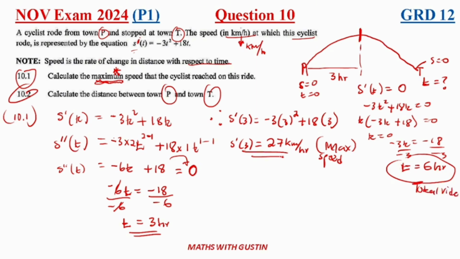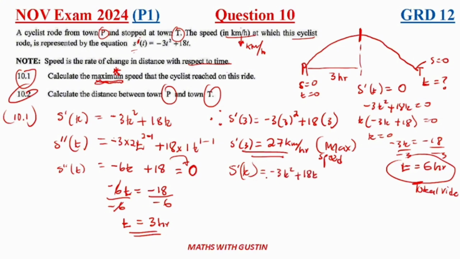Now once you have this, we need to get the distance. But please note, the speed is the rate of change in distance with respect to time. So now we can derive this backwards. Speed is equal to negative 3t squared plus 18t.